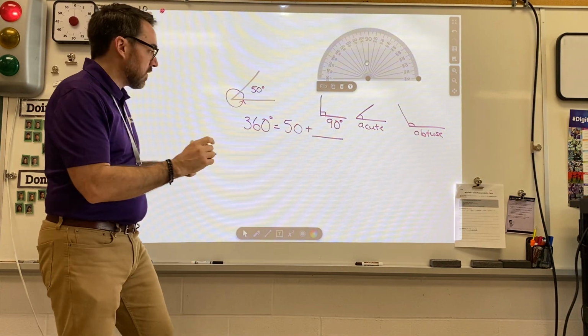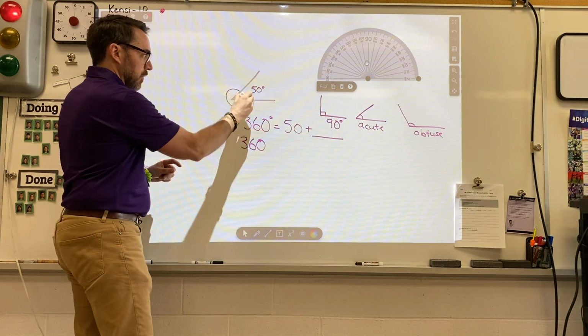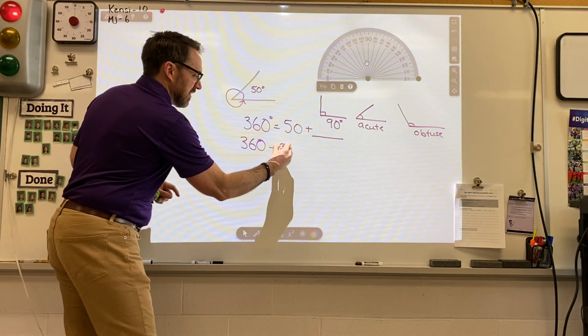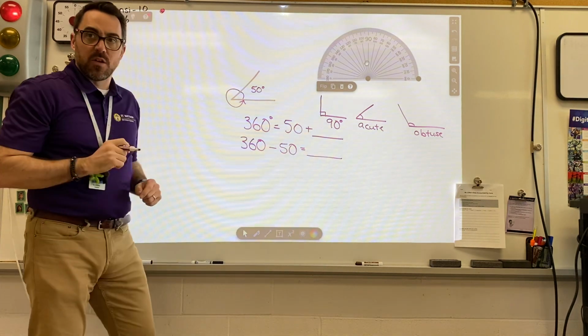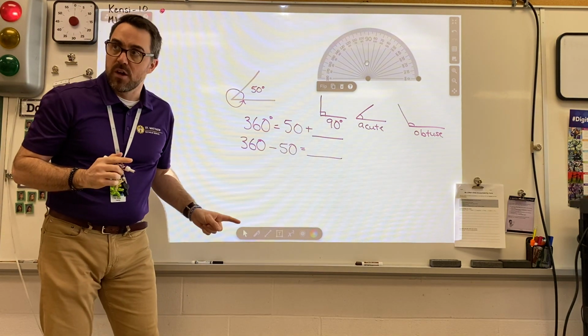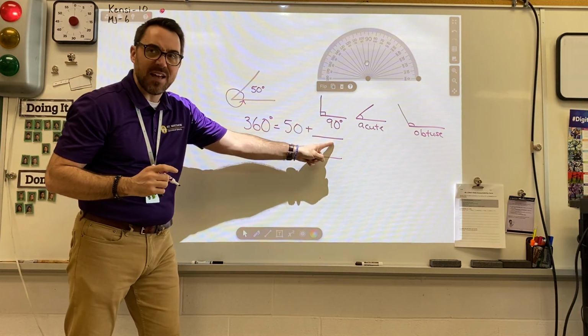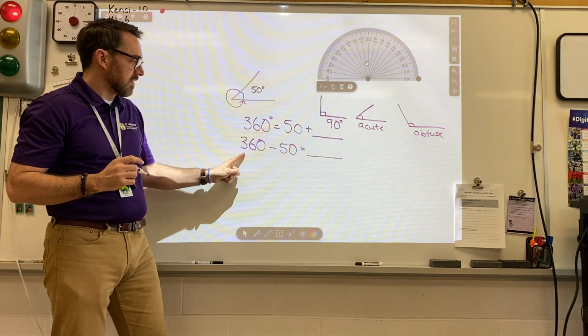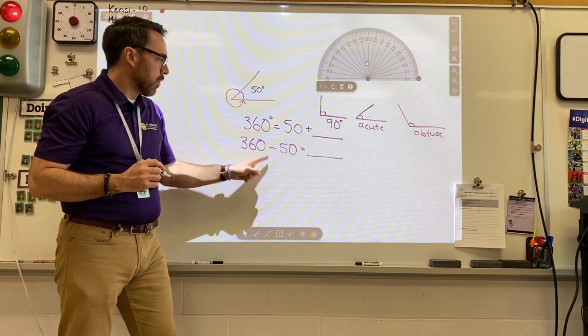I can also do it this way. I can do 360, a full circle, minus the inside angle equals the outside angle. Those both work. So either 360 equals inside plus the rest, or 360 minus what I know from the inside equals the outside. Both of those work.